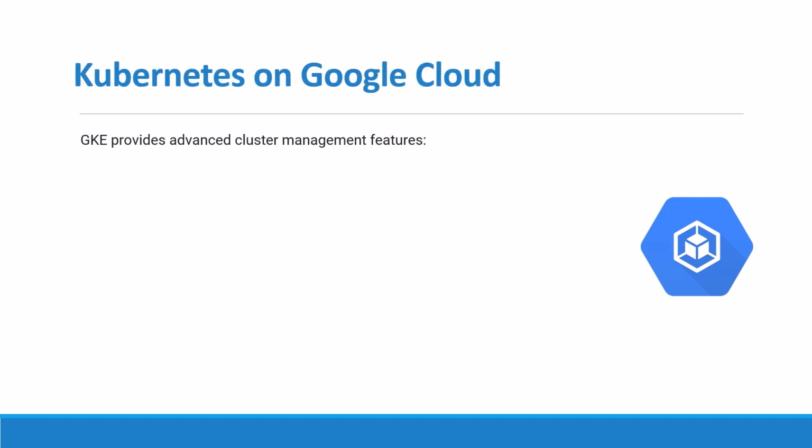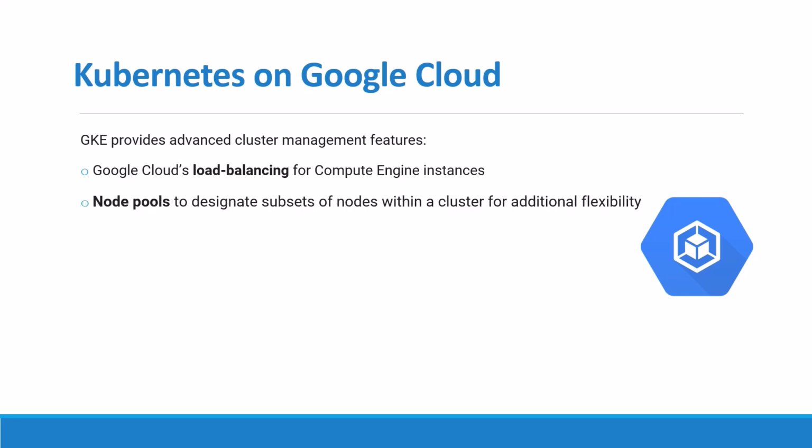Now let's talk about some of the features of Google Cloud. GKE provides advanced cluster management features, including Google Cloud's load balancing for Compute Engine instances. GKE also provides node pools to designate subsets of nodes within a cluster for additional flexibility. Furthermore, GKE provides automatic scaling of your cluster's node instance count.